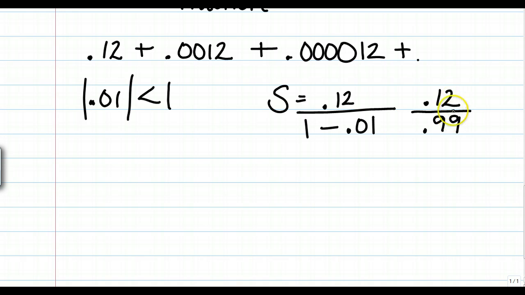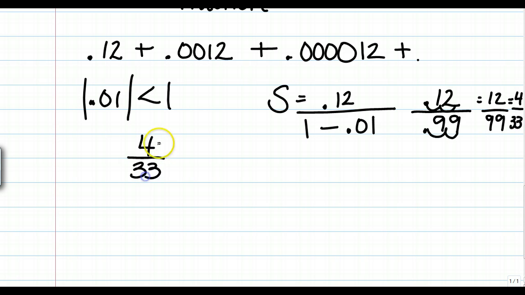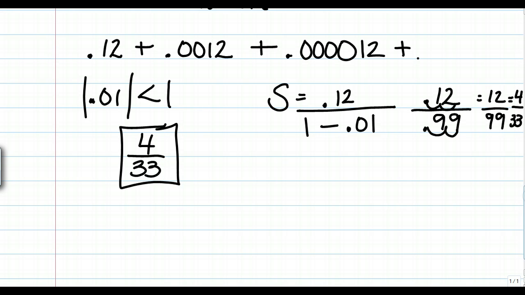When you look here, you can move your decimal points over twice so that you're looking at 12 over 99. And you know that 3 goes into both of those. 3 goes into 12 four times, and 3 goes into 99 thirty-three times. So I have 4 over 33 as my common fraction, and I used a series in order to find this.